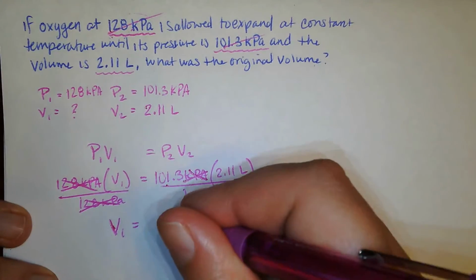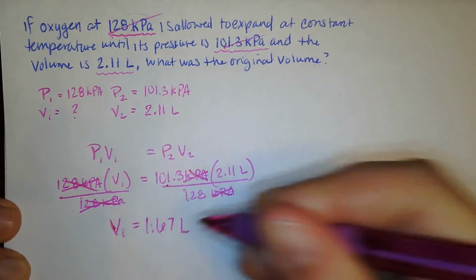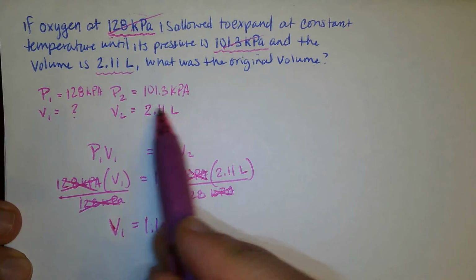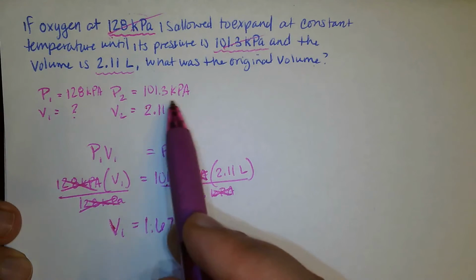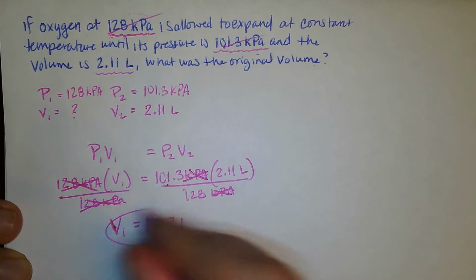And we are left with a volume of 1.67 liters. The reason we know it's liters is because this volume was liters, so this volume must also be liters. The units should stay the same. Also, we canceled everything else out, so clearly it had to be liters.